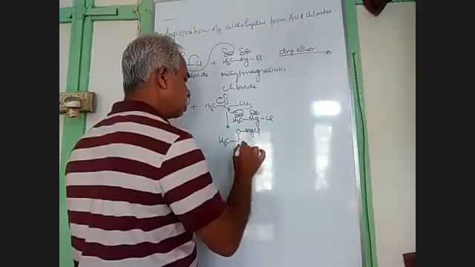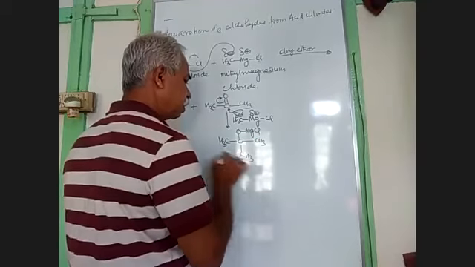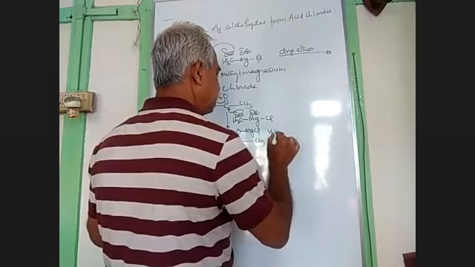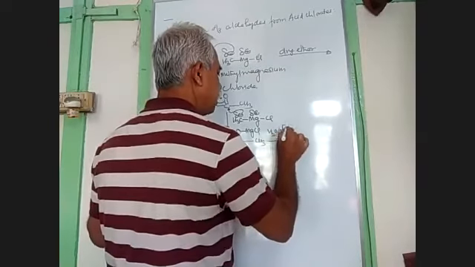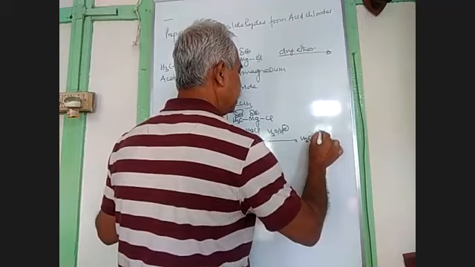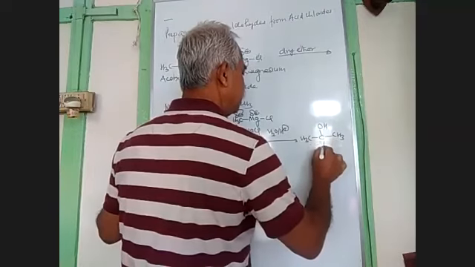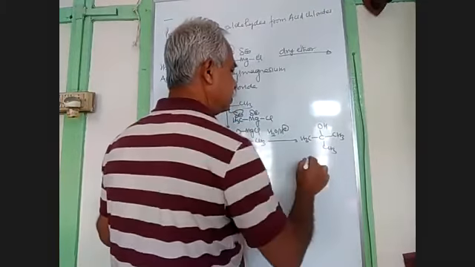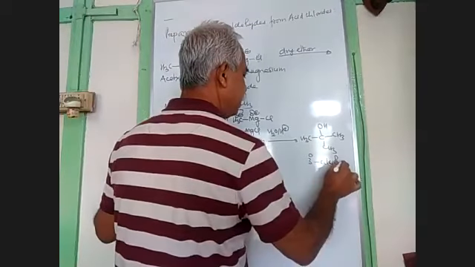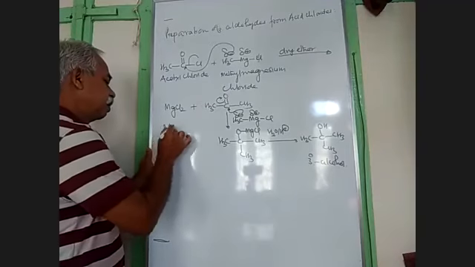You cannot stop this reaction. And you know that in Grignard reaction, you always have to add dilute acid. So what you are going to get here? CH3, COH, CH3, and CH3. So you get a tertiary alcohol. Please remember for your entrance exam, this is important.